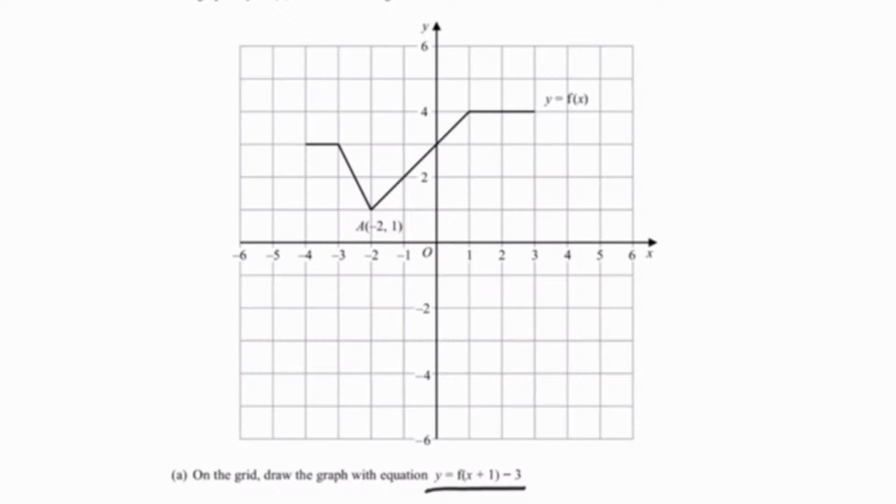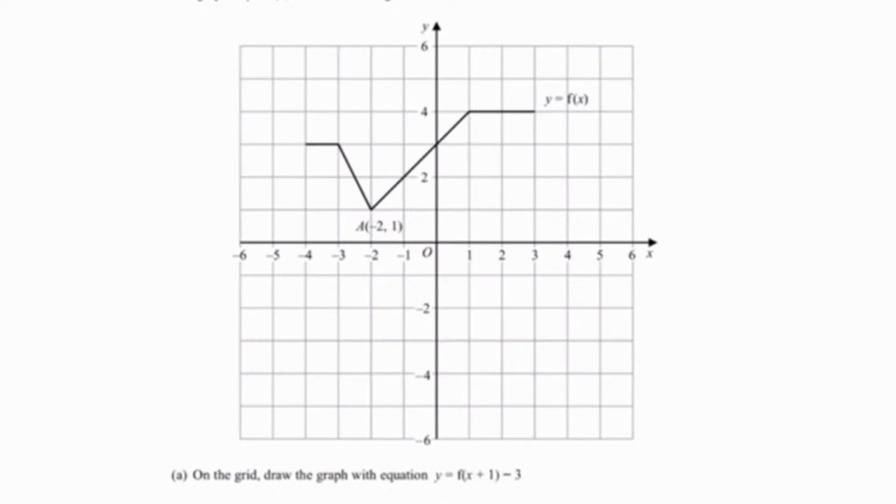So let's look at this question. For function transformations, there's two key points. What we're doing to the f of x, so what we're doing to the x, and then what we do to the extra thing.